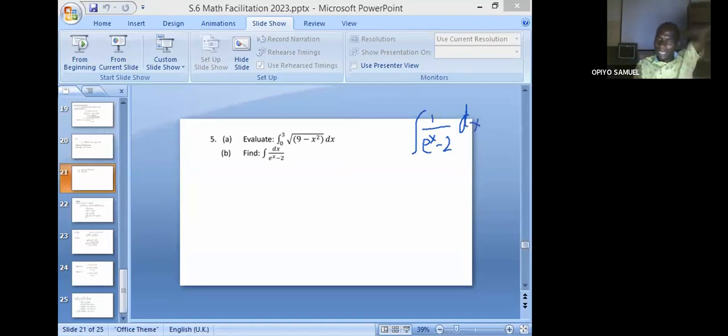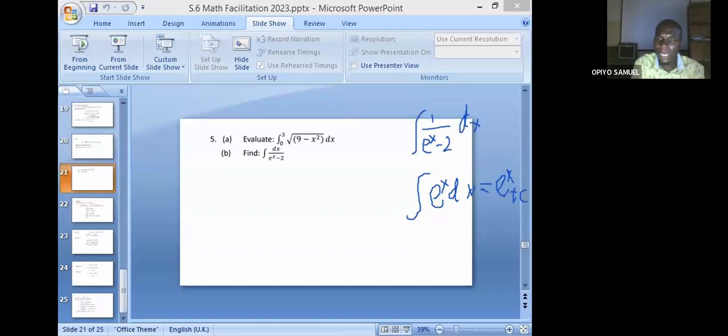When you look at the numerator, remember we know the integral of this. If it was simply e to power x, this is an exponential function. When we integrate this, we get straight away e to power x plus c, constant of integration.